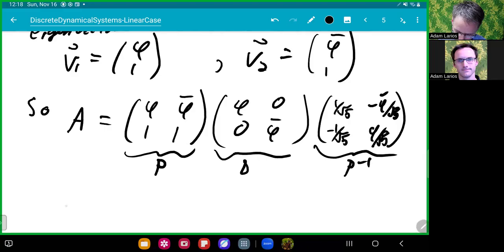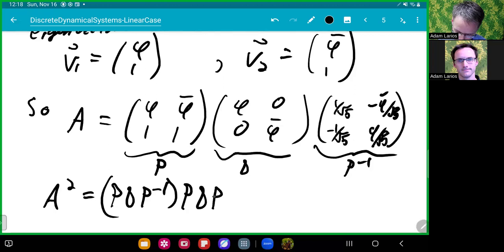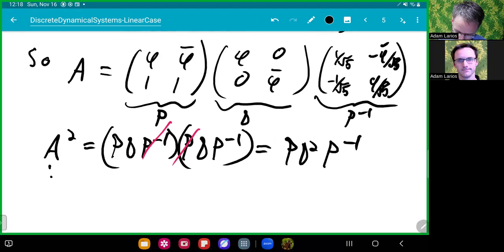All right, so notice that if we take A squared, that's P, D, P inverse times P, D, P inverse. But these inner P's will cancel because we have P inverse times P. And so we just get P times D squared, P inverse, and so on, all the way down: A to the N will be P, D to the N, P inverse.